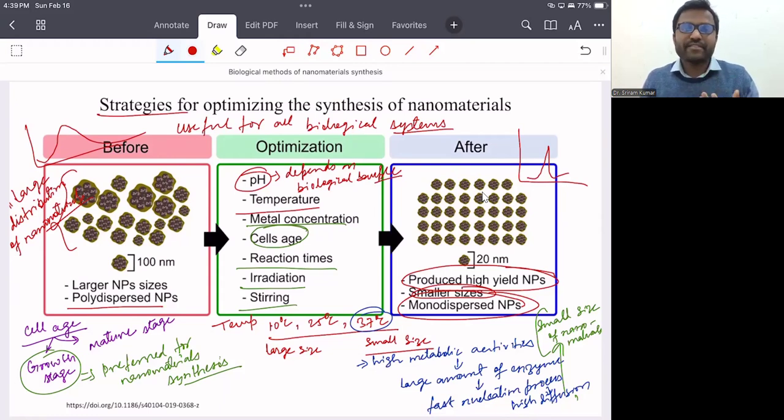We have some controlling parameters: pH, temperature, cell concentration, reaction time, radiation, and stirring. I discussed all these parameters in detail in the last class. If you are looking at the effect of these parameters, go and watch that video again.